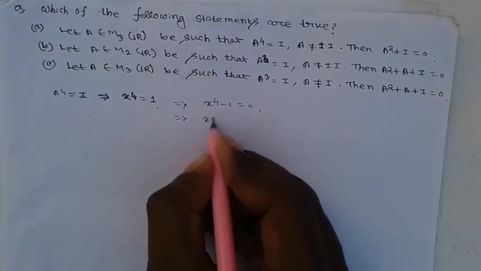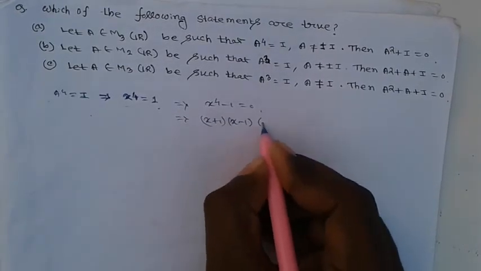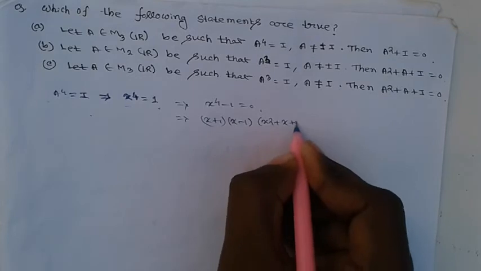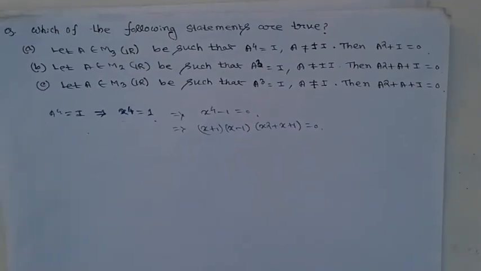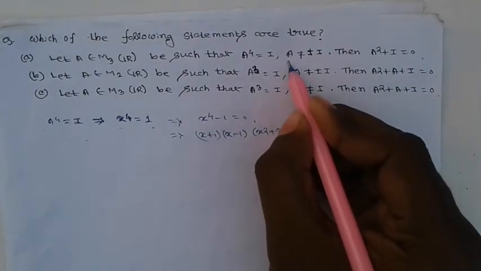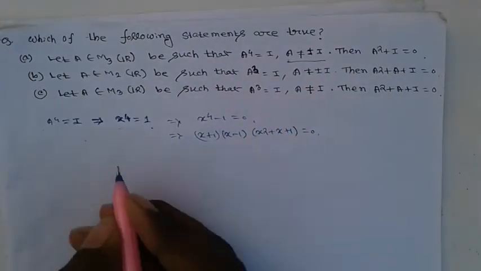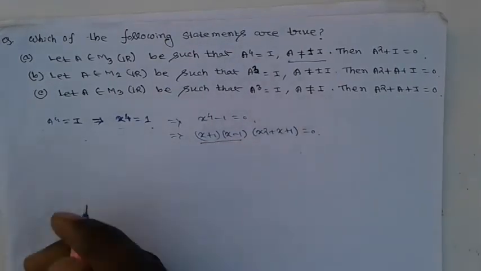So x to the power 4 minus 1 can be written as x minus 1 times x plus 1 times x square plus 1 equal to 0. Since the condition is A not equal to plus or minus I, these two are not the minimal polynomial together.